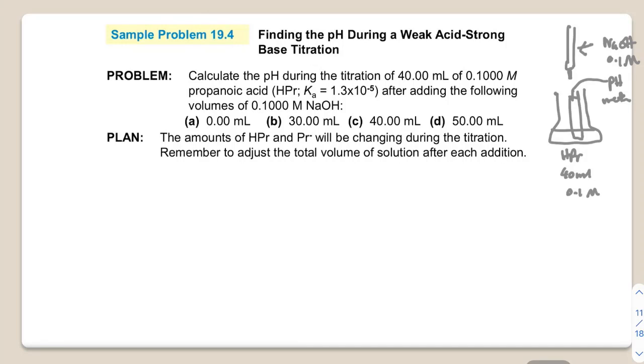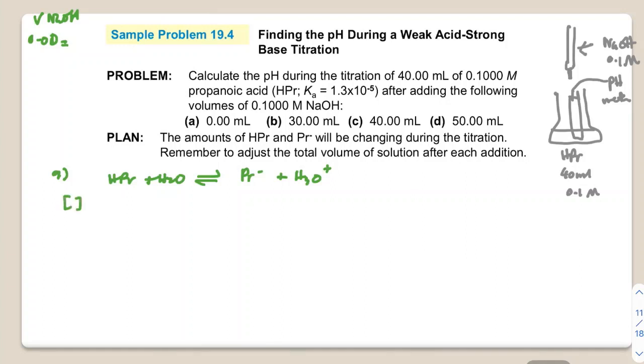Okay, so let's look at 2a. We have to calculate the pH before the addition of any sodium hydroxide, meaning the pH that is contributed by the HPr only. So we know that HPr is a weak acid. We have HPr plus H2O, reversible arrow, turns to Pr minus plus H3O plus.